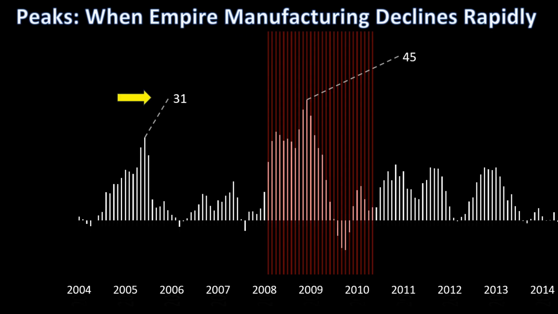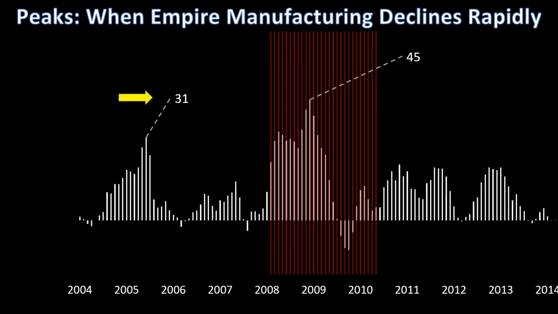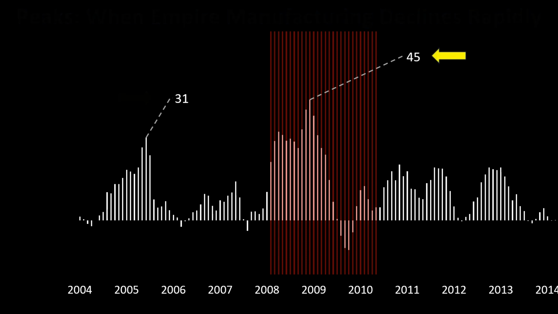For example, on the left-hand side, 2005, we saw a spike up to 31. 31 represents the difference of the 3-month moving average and the 12-month high of that period. Well, that wasn't so bad. But notice, shortly afterwards, 2008, 2009, the financial crisis, we saw a spike up to 45. And that coincided with the recession identified by the SAHM rule that's shown in red.